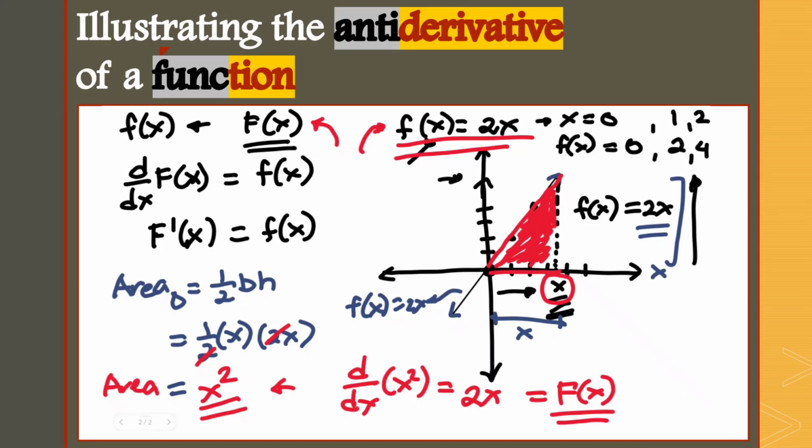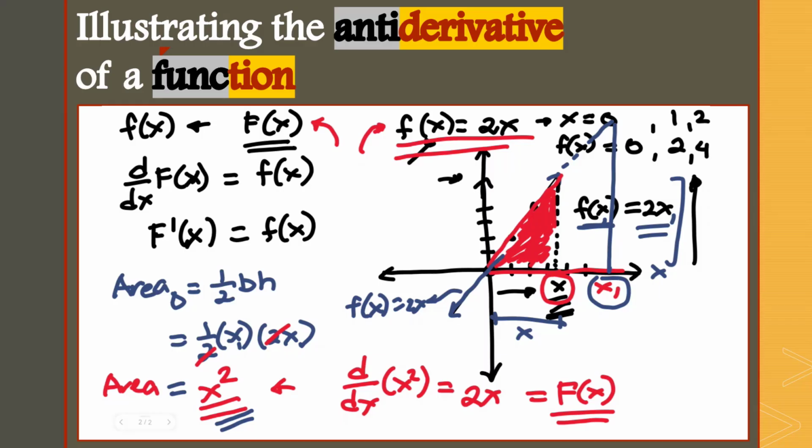Take note that if you pick another value, x sub 1, and this graph increases further, the height for x sub 1 would still be f of x, which is 2x sub 1, and you will still get 2x. This corresponds to the area of any triangular region that is bounded by our f of x and the x-axis.